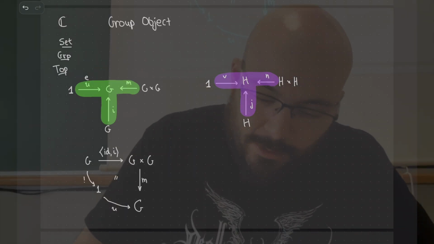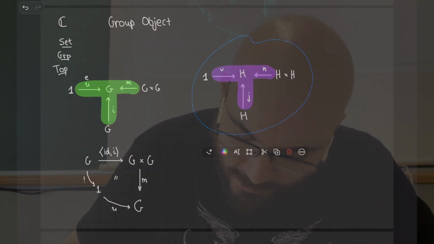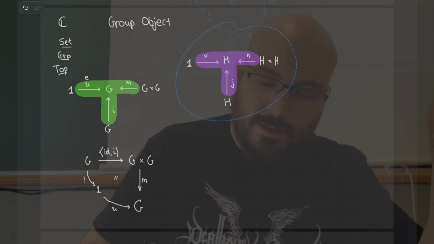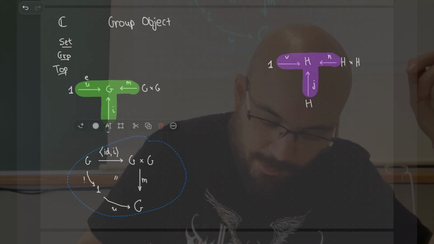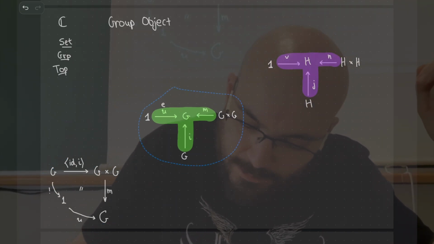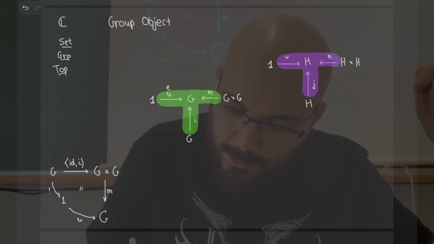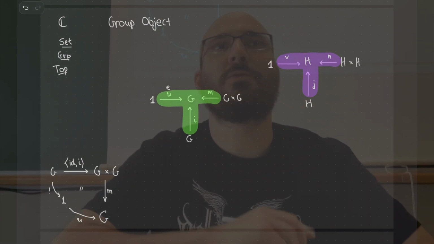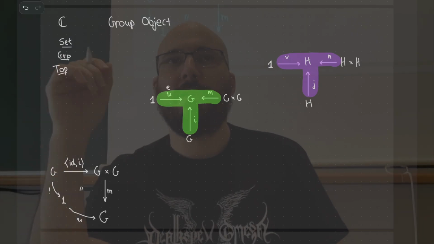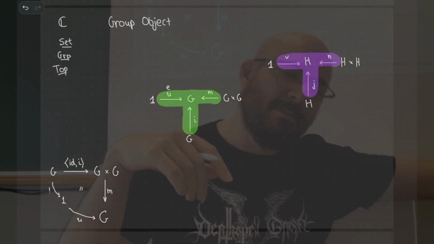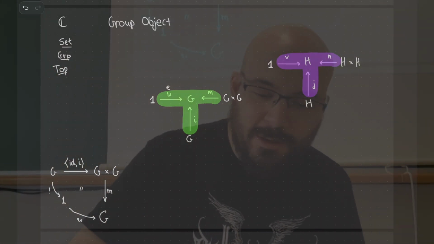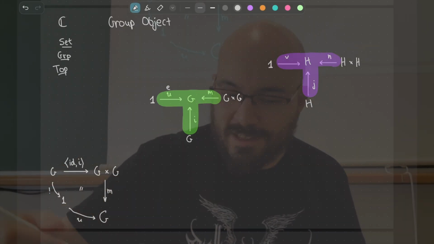What would be an arrow that gets me from the green group object to the purple group object? Can you guess where I should start from? Maybe you can guess what it will end up being. Okay, it will not be such a spoiler, such a surprise anymore, because we have seen a lot of stuff like that.